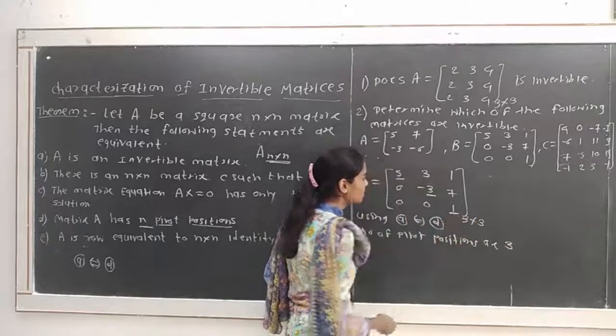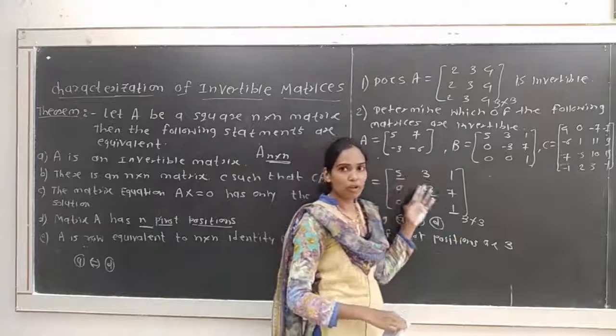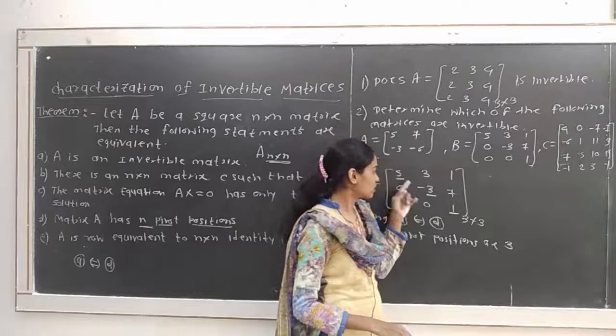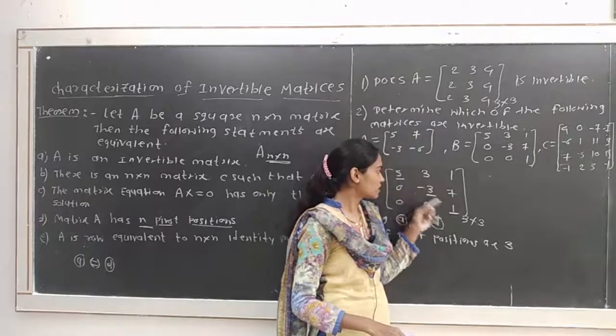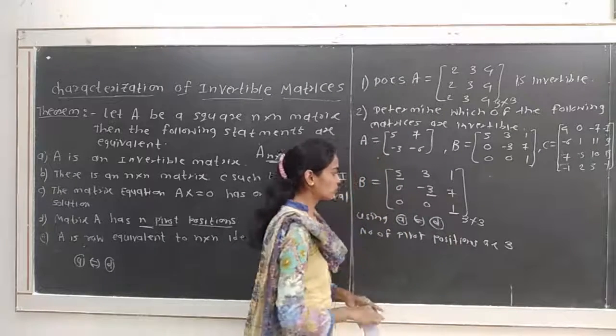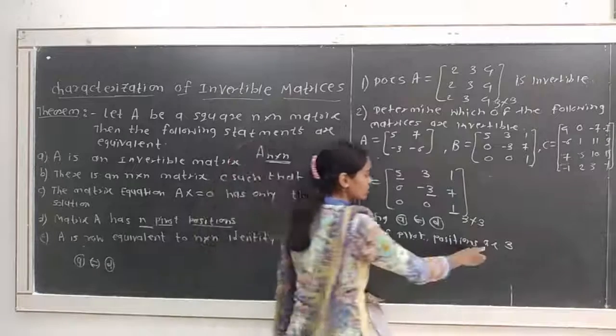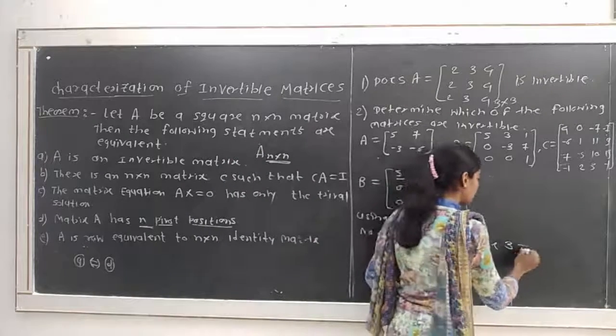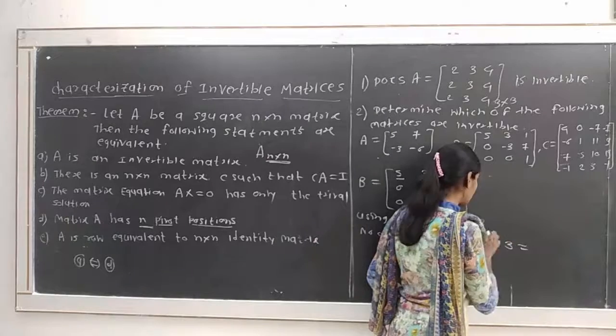These are the 3 pivot positions, that is, the number of non-zero diagonal entries. All the diagonal entries are non-zero, so the number of pivot positions is equal to 3, and that is equal to the order of the matrix, that is 3.